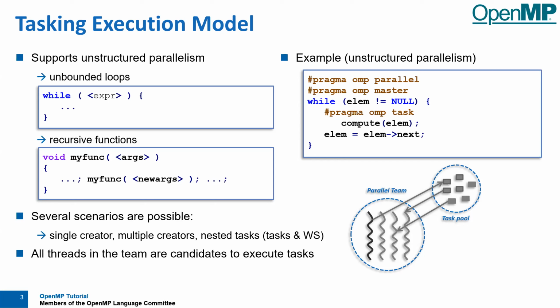That's actually something I'm showing on the right side of the screen, where we are still using master because the new constructs didn't really materialize in implementations yet, but where the main thread or the initial thread is working through a linked list, and for each list element, assuming computation on that list element is heavy enough, it creates an OpenMP task and sends it off for some worker thread to work on the computation associated with that work item. You can, of course, have multiple creators.